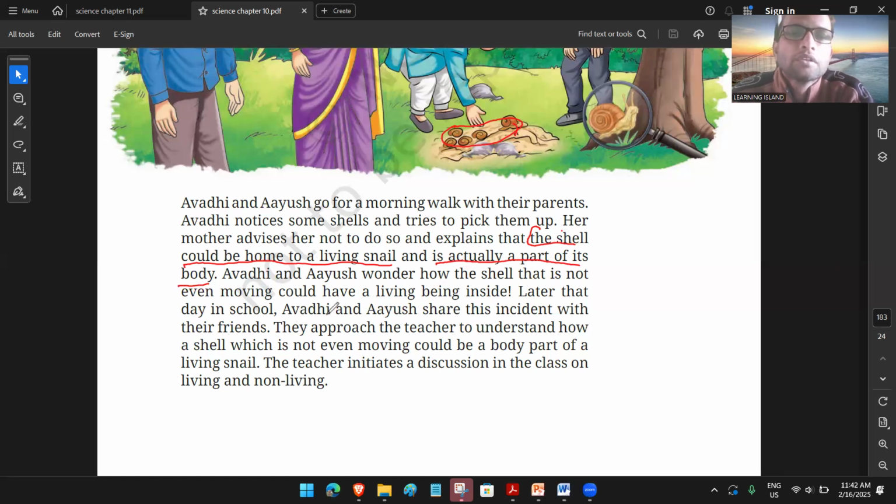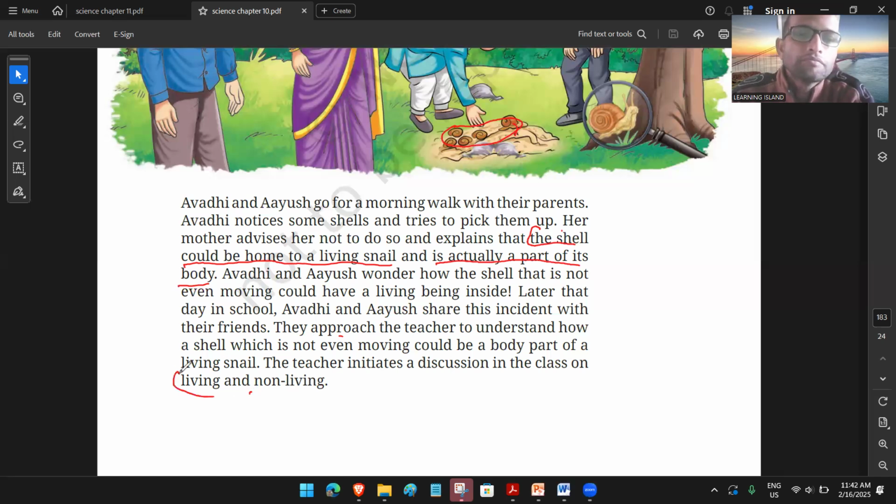Okay, let us go to the next step. They approach the teacher to understand how a shell, which is not even moving, could be a body part of a living snail. The teacher initiates a discussion in the classroom on living and non-living.